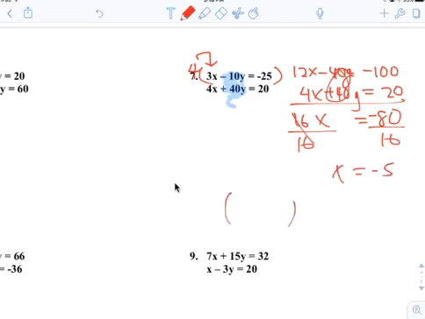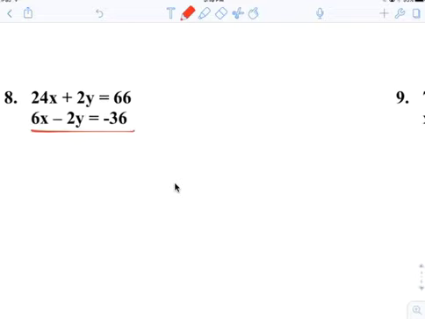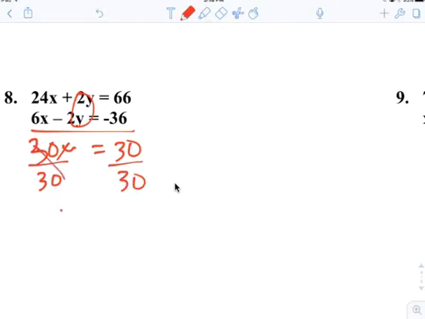The graph will meet at -5. And then you substitute in. Okay, this one here is 0 already, you don't have to do that. So you get 30x equals 30. Divide by 30. X equals 1. So the graph will meet at 1 something.